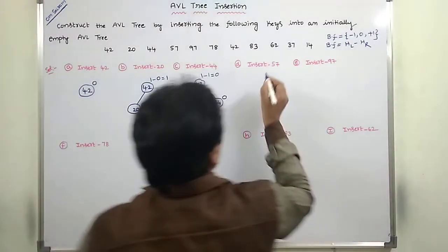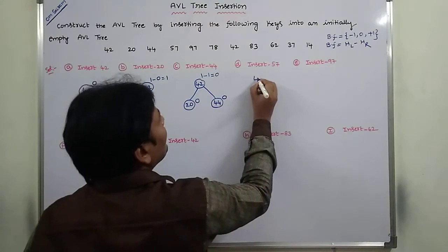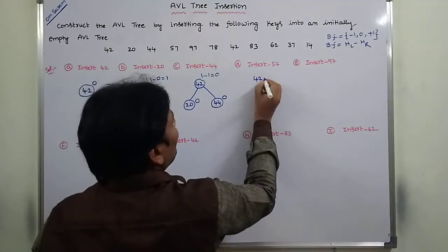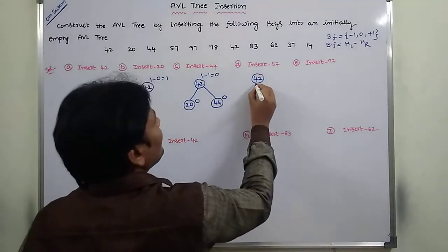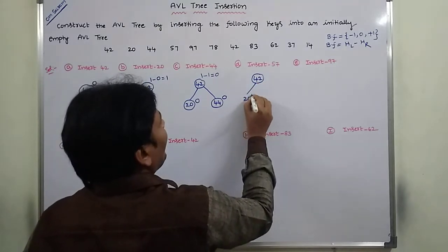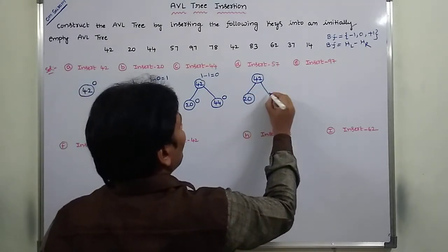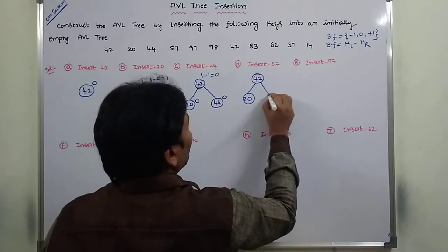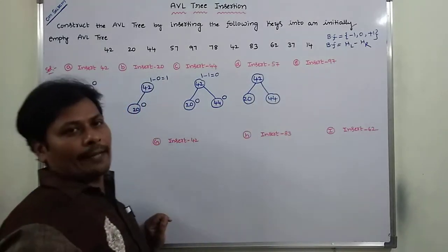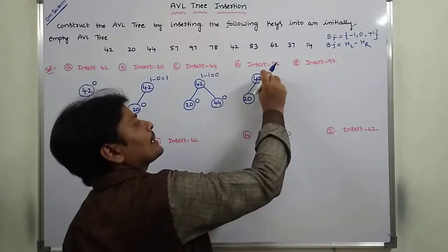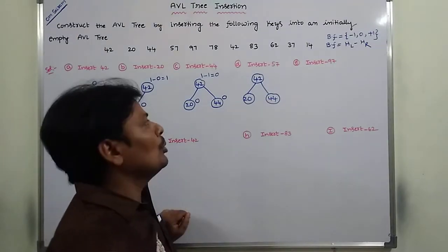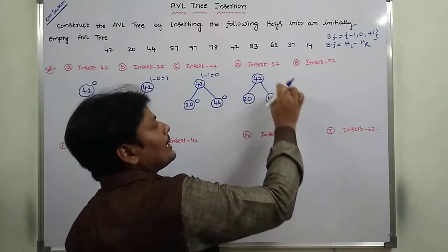Now next we are inserting element 57. Before inserting element 57, the AVL tree is this one. So now we have to insert element 57. Now 57 is compared with 42. It is greater. Go to the right subtree.